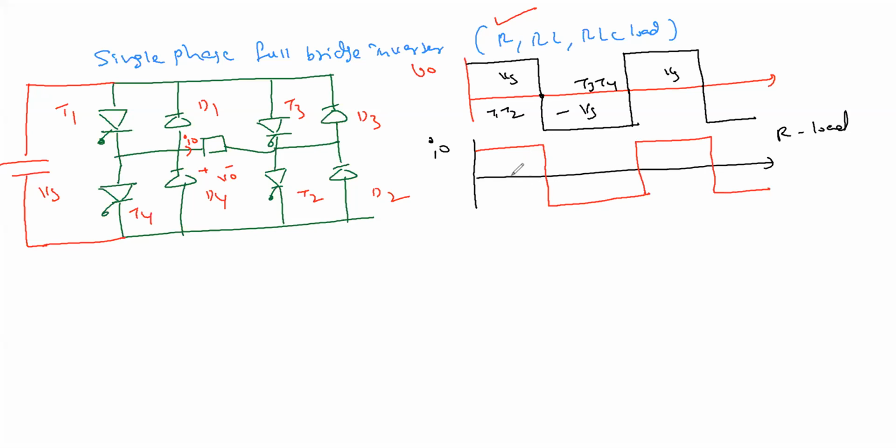Yesterday we have discussed. What is happening to the RL load here? Let us see here. RL load. First of all, this is DC and you are getting AC here. RL load में क्या होना चाहिए? I'll tell you one concept.